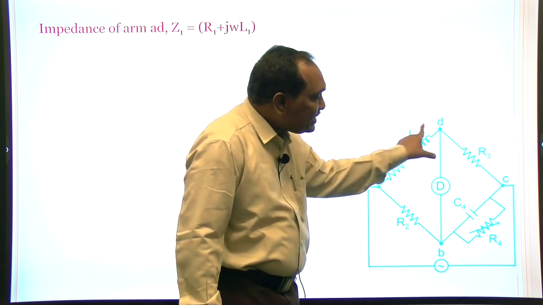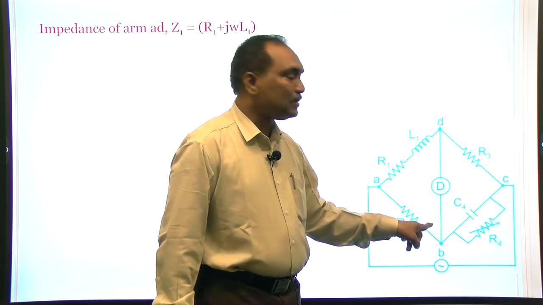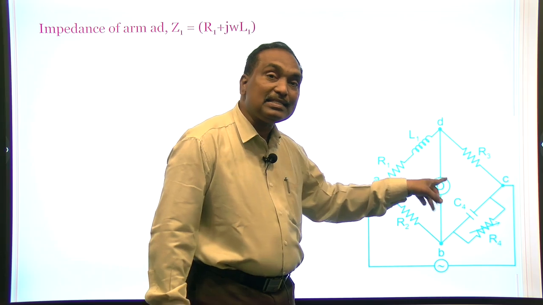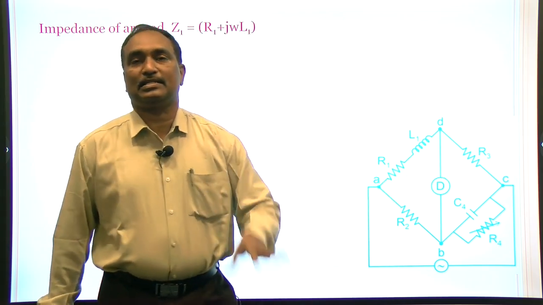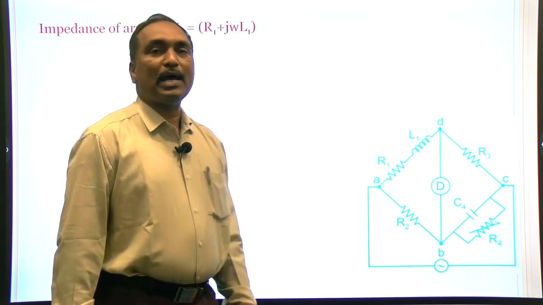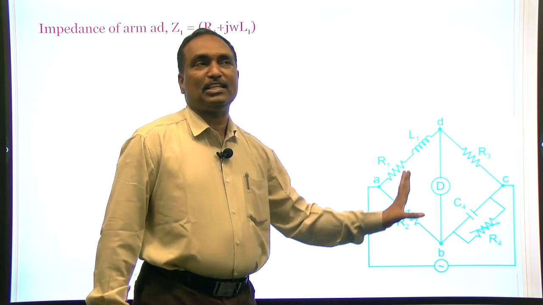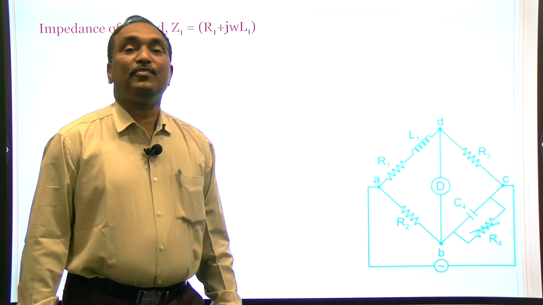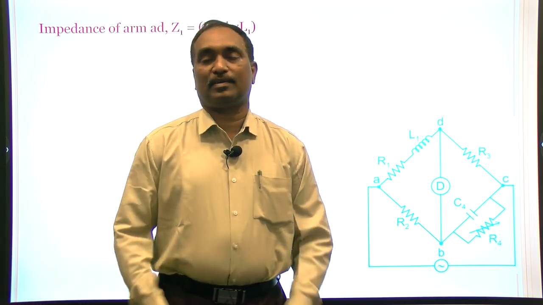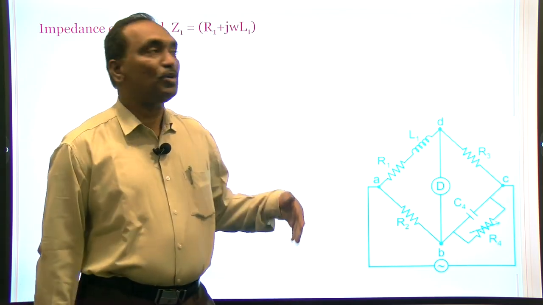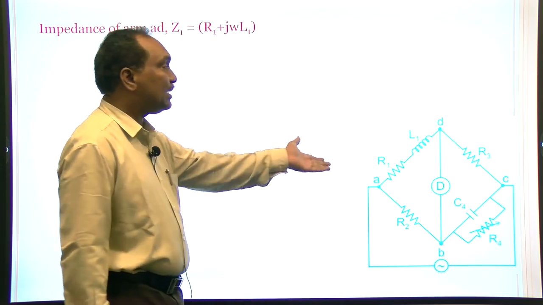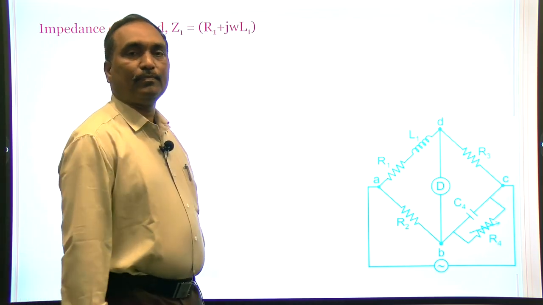By varying these impedances until the galvanometer current is 0, we reach the balancing condition. At that condition, Z1 by Z2 is equal to Z3 by Z4. That is the Wheatstone bridge balancing equation, the principle behind the calculation of inductance in the Maxwell bridge.